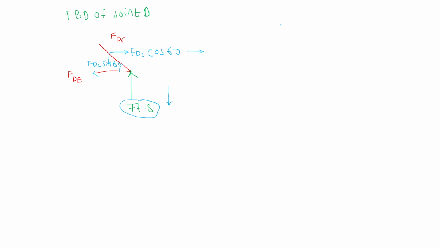That means member DC I have assumed towards the joint, that is compression, and DE away from the joint, tension. That member is in tension.